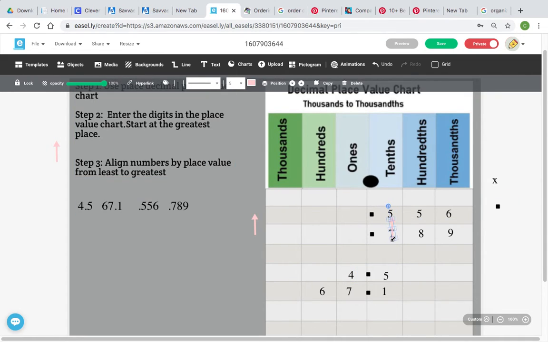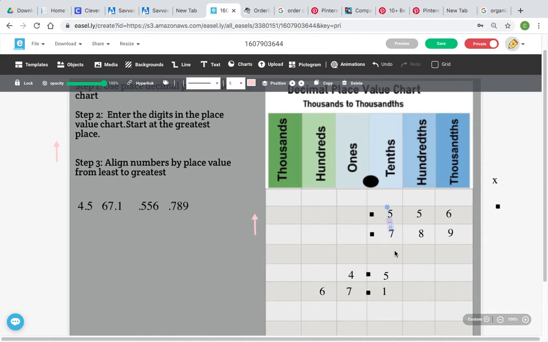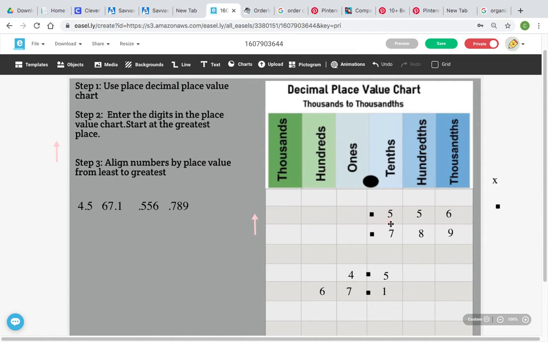and I can see that 5 is the first number on the left.